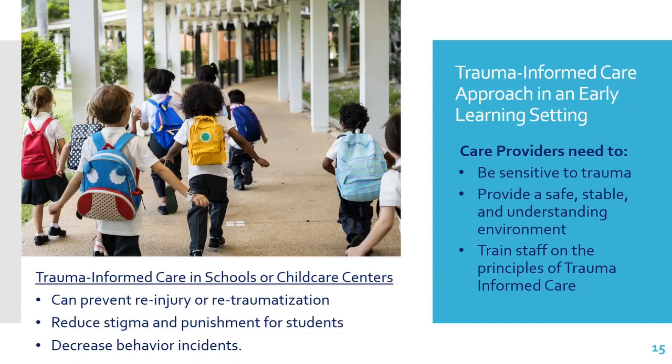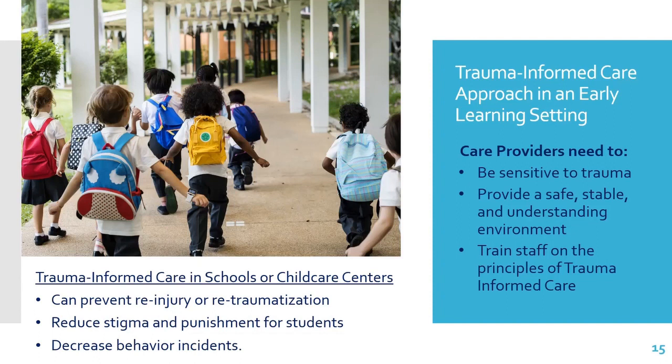Trauma-informed care in child care centers and in schools can prevent re-injury or re-traumatization for these kids. They feel safe, they feel seen, they feel calm. It can reduce the stigma and reduce the punishment for children. Remember, when a child is in a traumatic state, punishment reinforces their trauma.